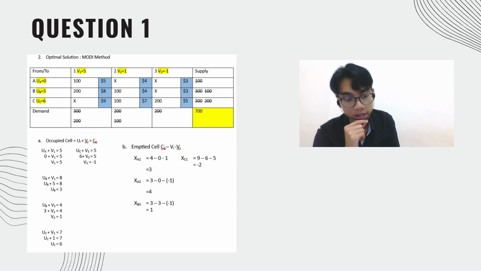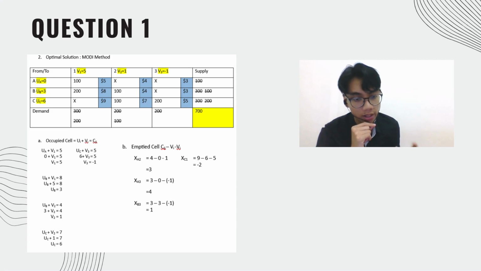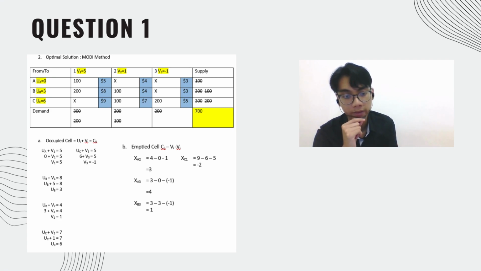And then SA3 equals 3, subtract 0, and then we subtract negative 1, we got 4. And then for SB3 equals 3, subtract 3, and then we subtract negative 1, we got 1. And then the last cell is SC1.